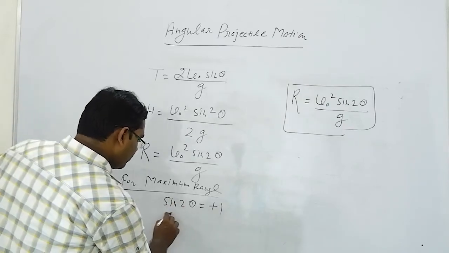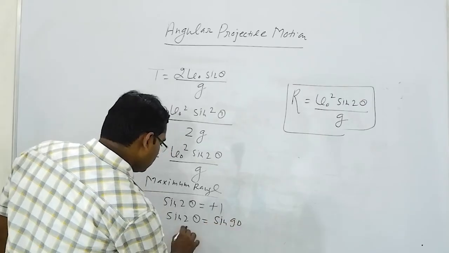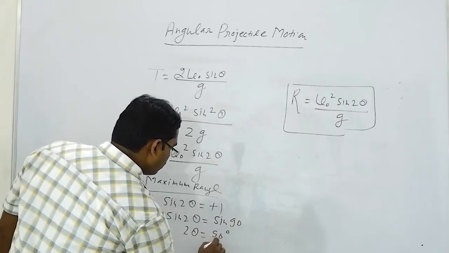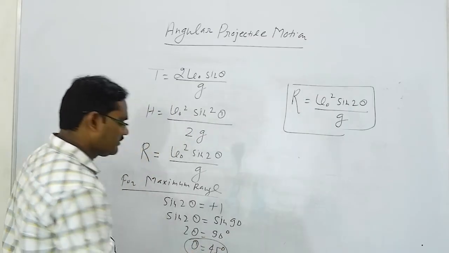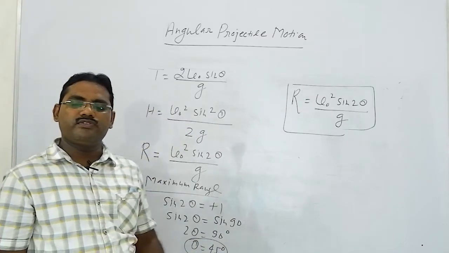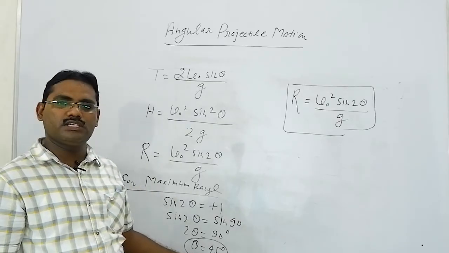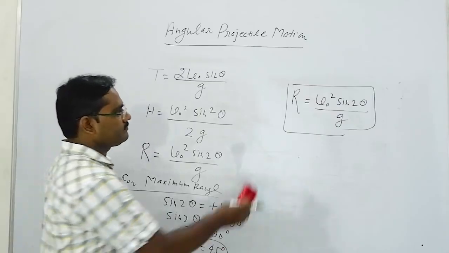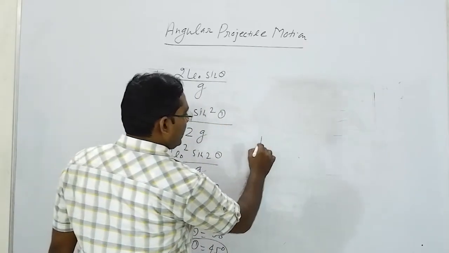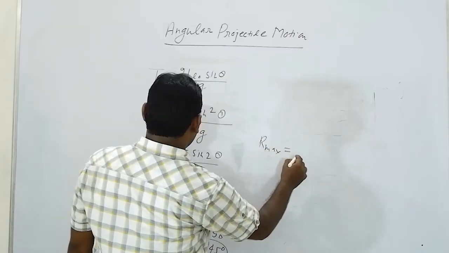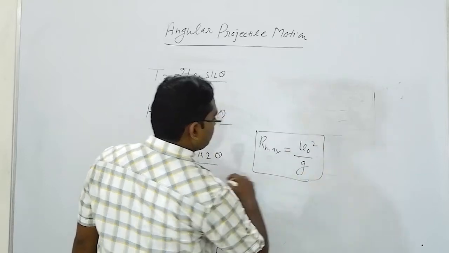So here sin 2 theta is equal to sin 90, that means 2 theta is equal to 90 degree, theta is equal to 45 degree. That means for maximum range, the angle of projection is 45 degree, and the maximum range, that means R max, is equal to v naught square divided by g.